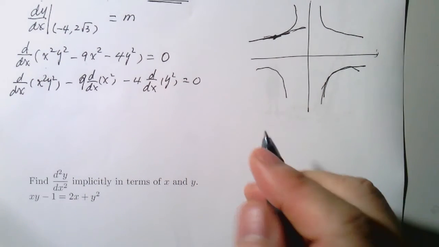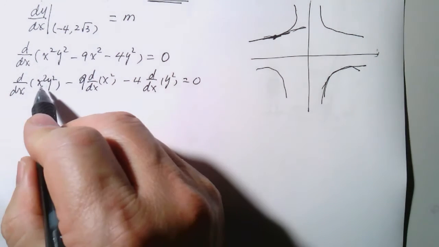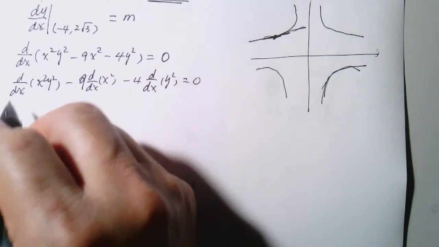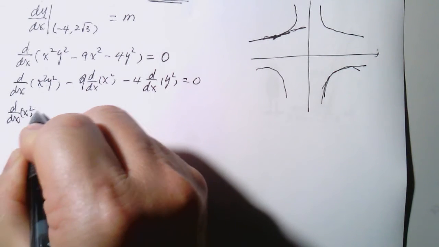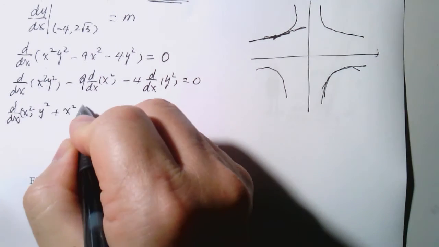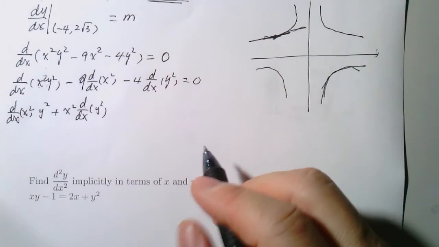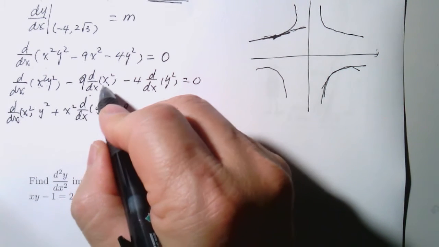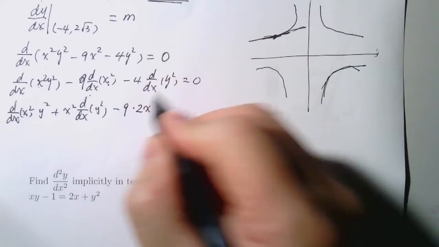Same as before, since this is a product, you have to use the product rule. So x squared's derivative first, times y squared, plus x squared times y squared's derivative. And minus 9 times the derivative of x squared with respect to x, which gives us 2x.